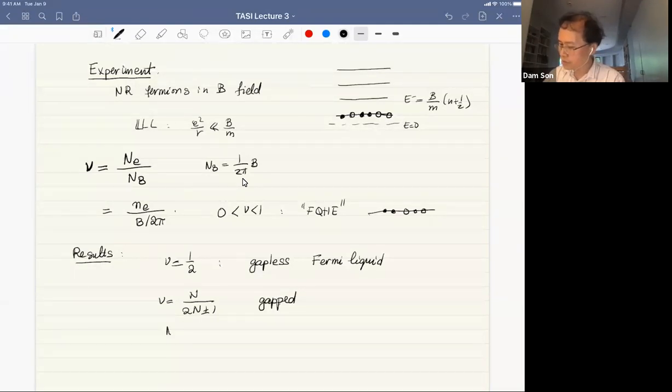N goes from 1, 2, 3, etc. So this is 1/3, 2/5, 3/7 for the plus sign, and then 2/3, 3/5, 4/7 for the minus sign.